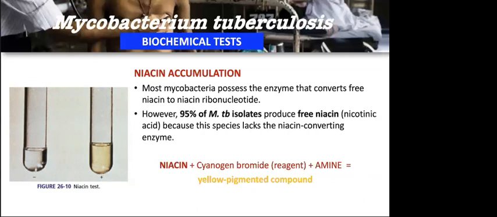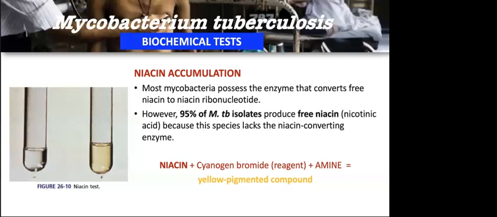Once your organism has been categorized into a preliminary subgroup based on its growth characteristics, it would be best to determine if they are able to accumulate niacin. Niacin is actually nicotinic acid, and it plays a very important role in the oxidation-reduction reactions that occur during metabolism of these organisms.